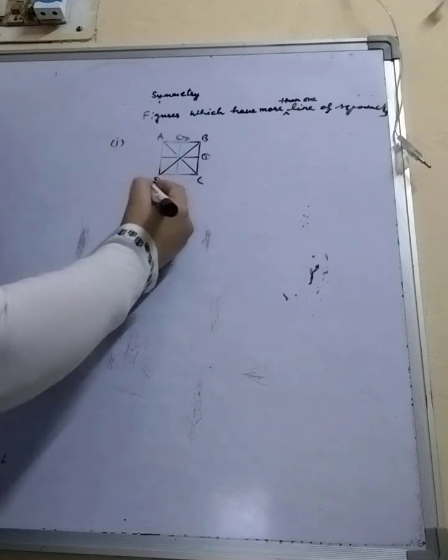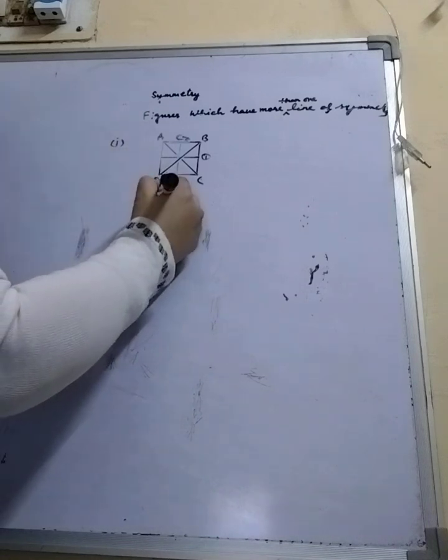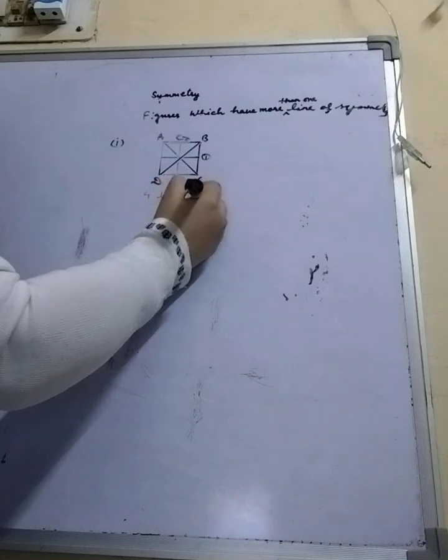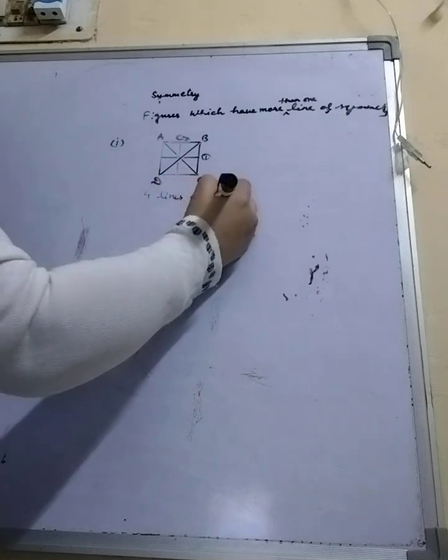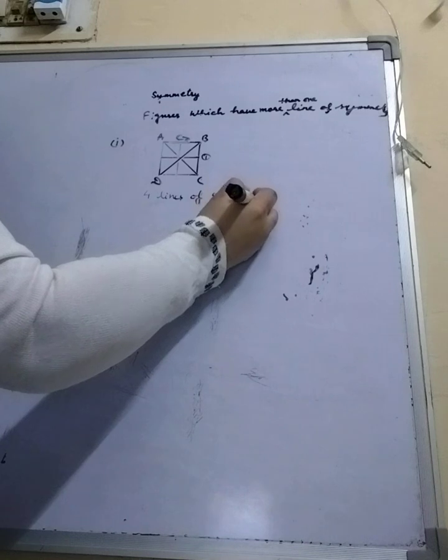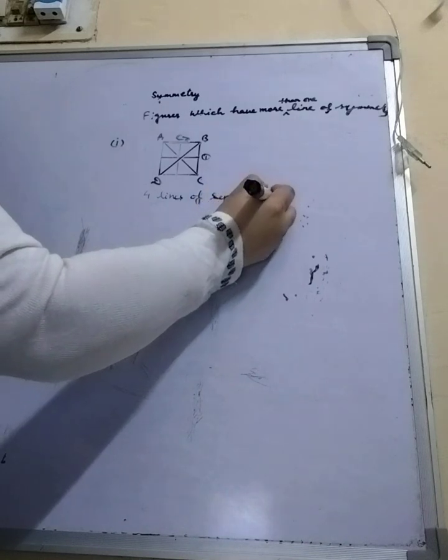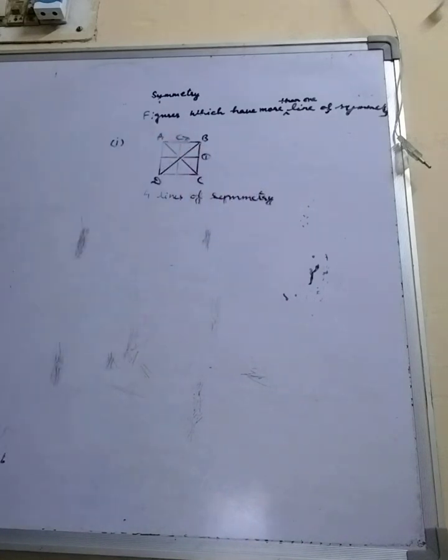So in this way you can say that there are four lines of symmetry for a square.